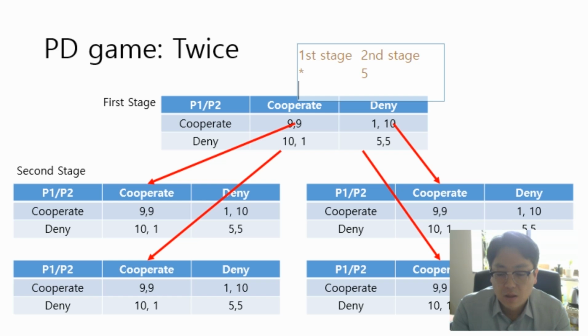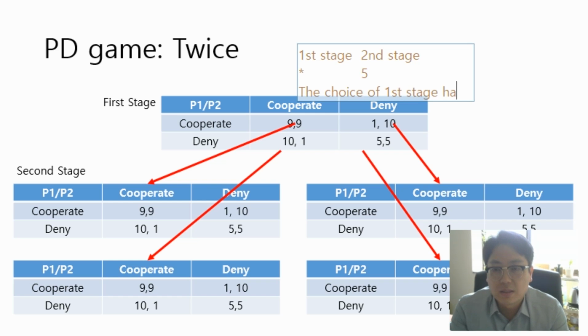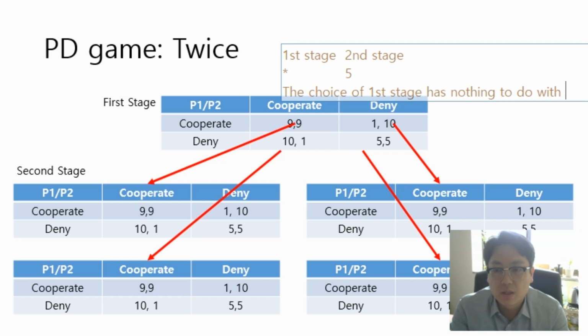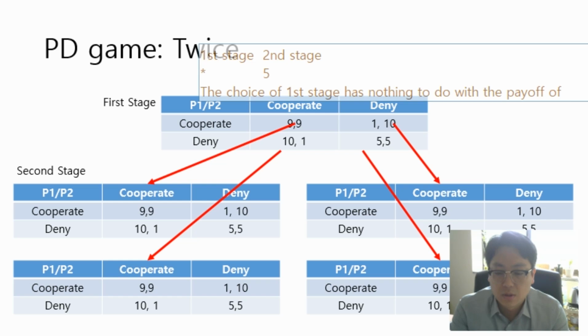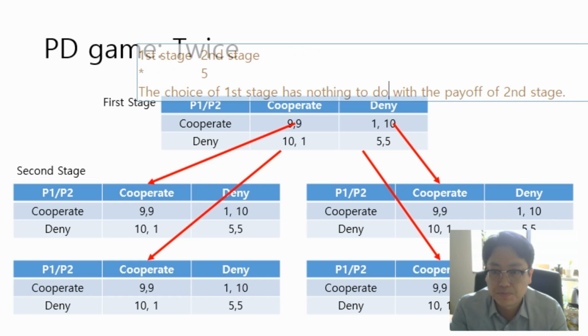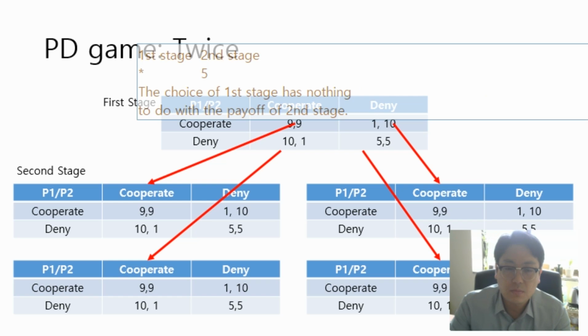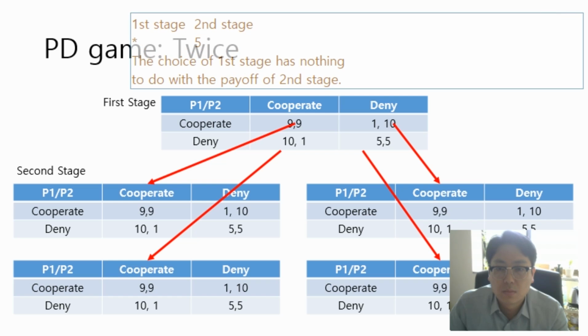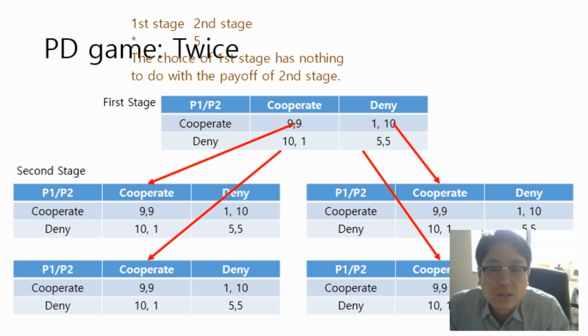Again, the choice of the first stage has nothing to do with the payoff of the second stage, right?